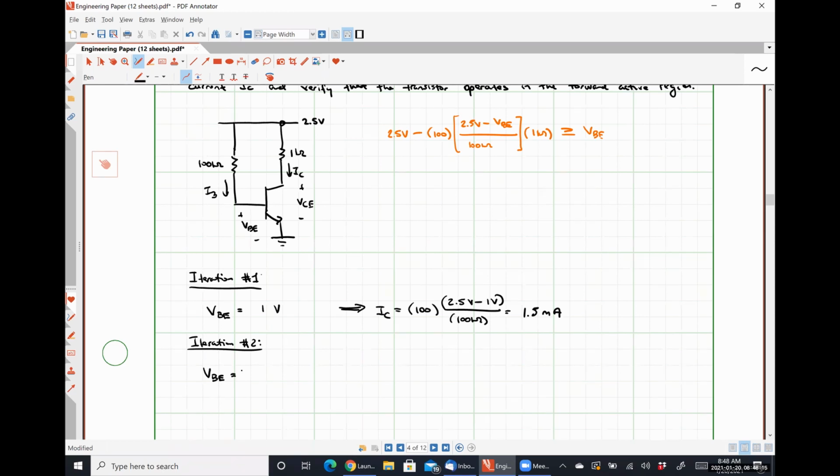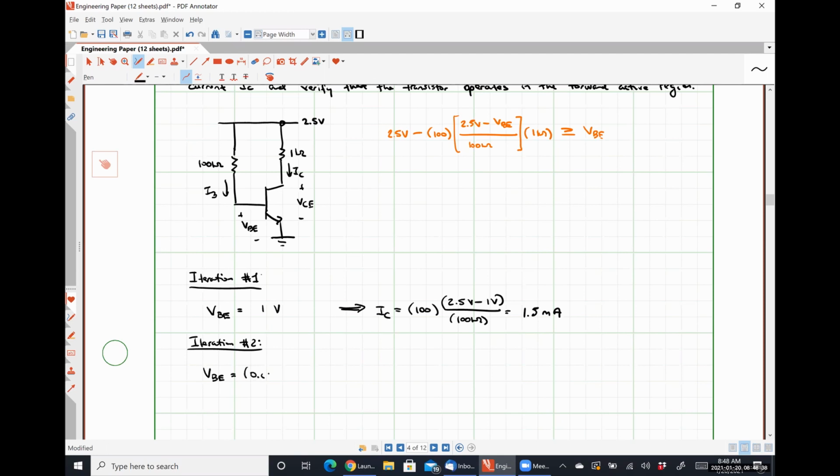All right. Now, for iteration number 2, I'm going to use that value of IC that we just determined based on our guess value for VBE to calculate what specific value of VBE gives us that value of IC. So we know that VBE is equal to VT natural log of IC over IS.